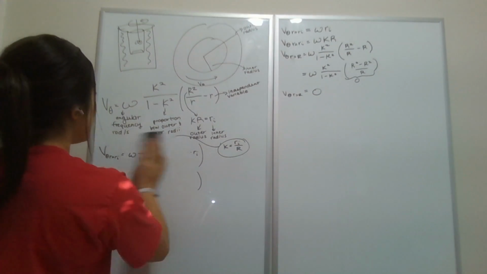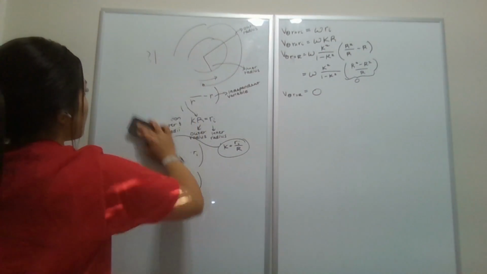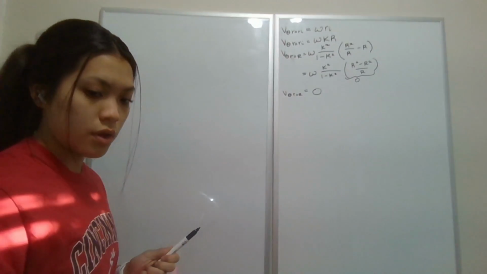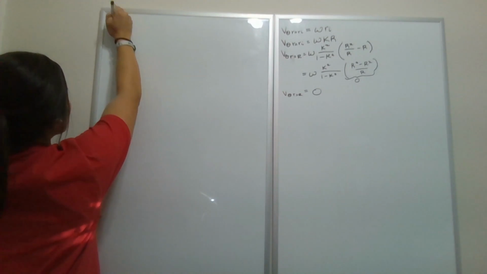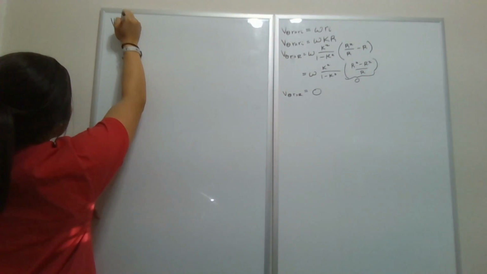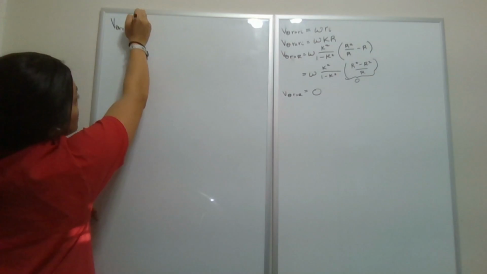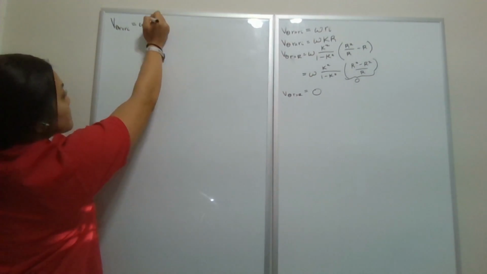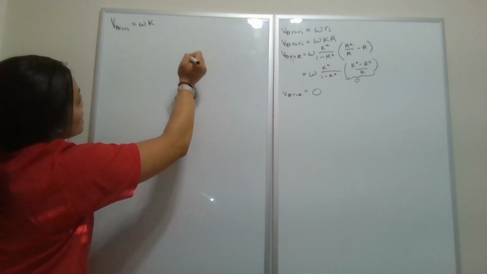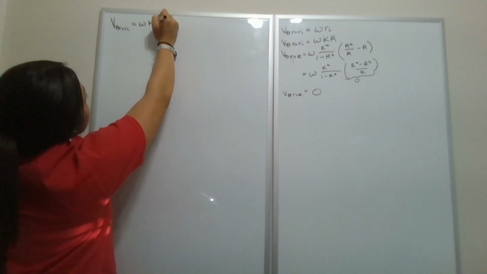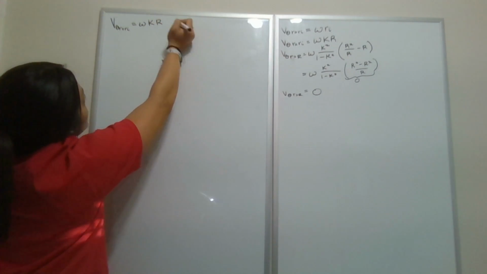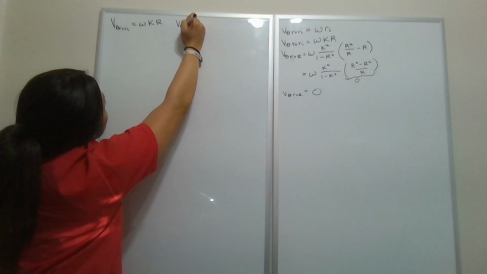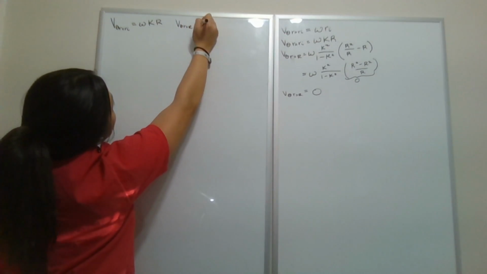So the big ideas that we have going on here are 2 cylinders, and velocity at the inner radius, as we defined over here, is the angular frequency times the proportion between inner and outer radius times the outer radius, and velocity at the outer cylinder is equal to 0.